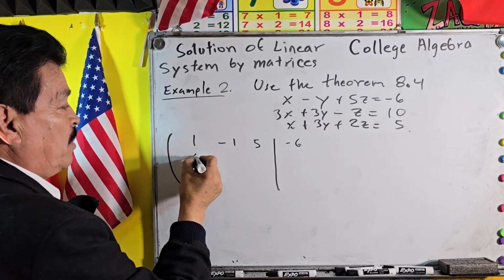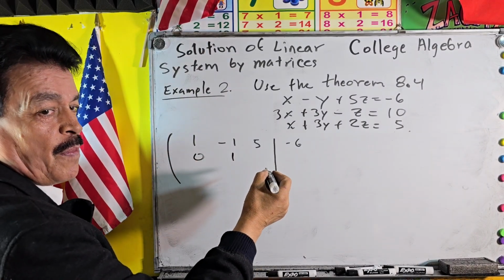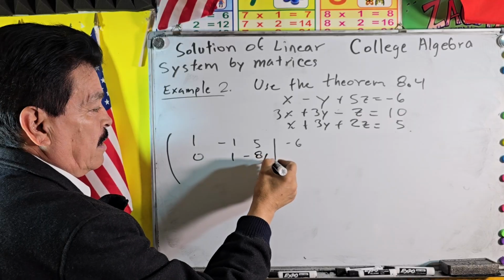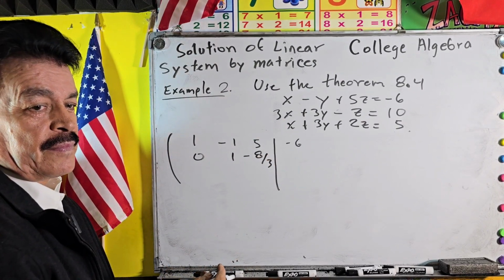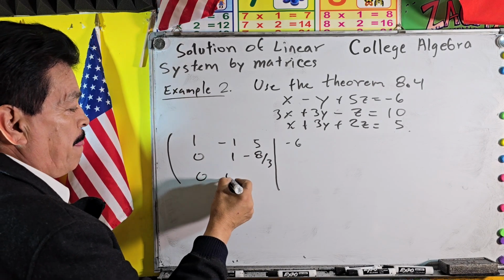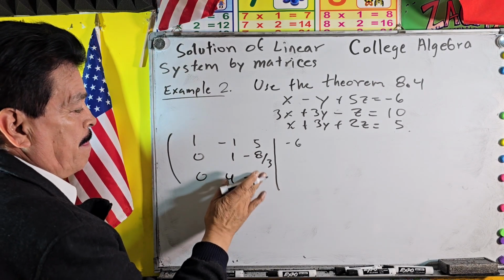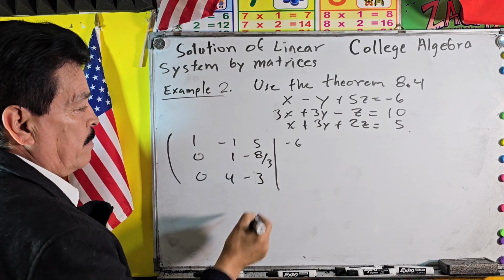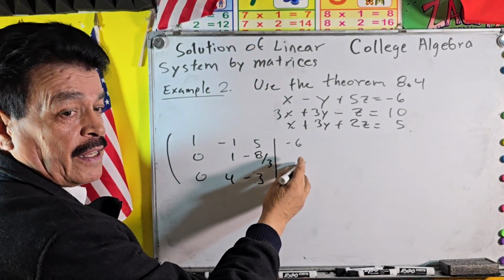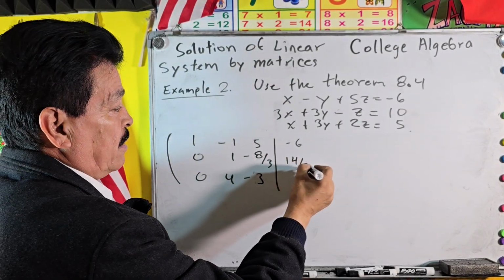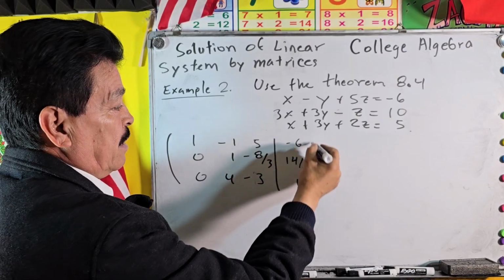I will write all numbers. -8, and then, okay, here -6, and then 14 third, and then 11.